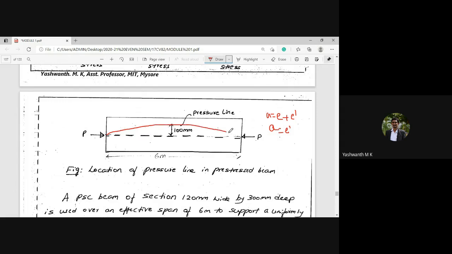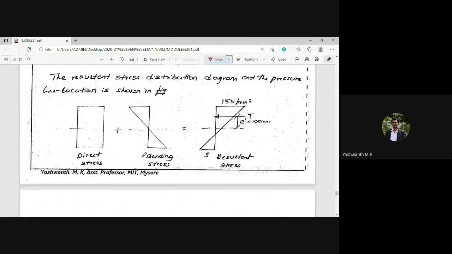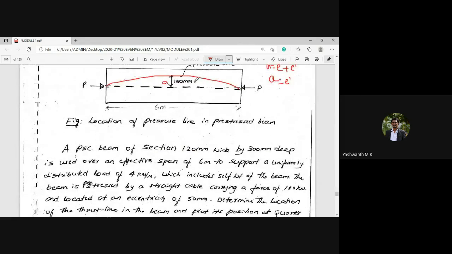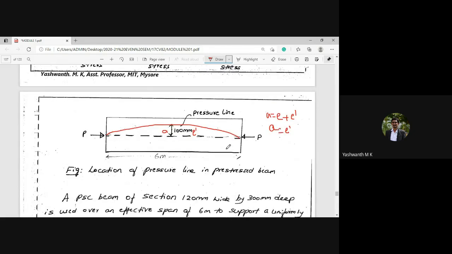This will be your pressure line distance. That means a, which is also 100 mm as calculated here, is equal to e dash. Why? Because here e is 0, because of concentric pre-stressing, a is equal to e dash. The problem is asking to locate the pressure line in the PSC beam, and I have located the pressure line.